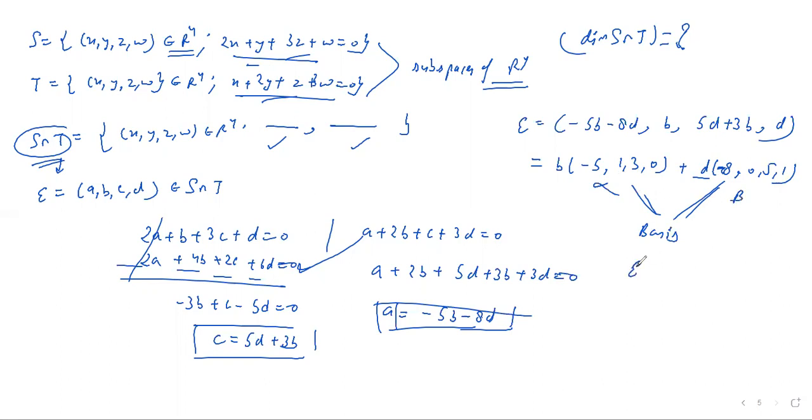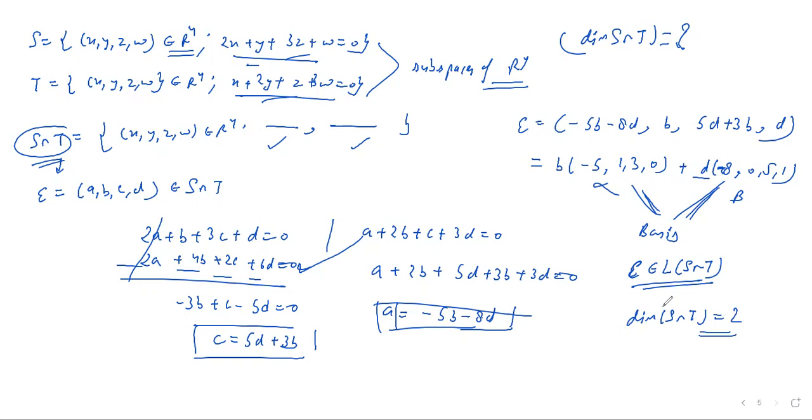So this E is spanned by the set S intersection T, and it has the basis alpha and beta, and the dimension of S intersection T would be 2, as it has two basis vectors.